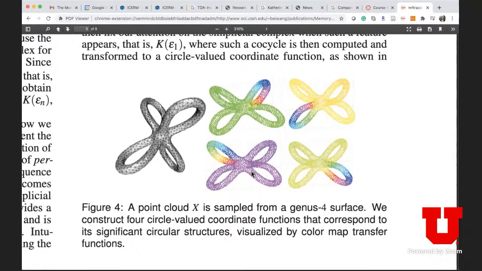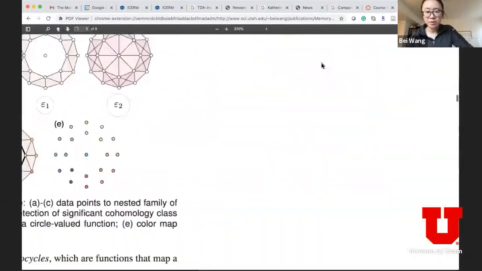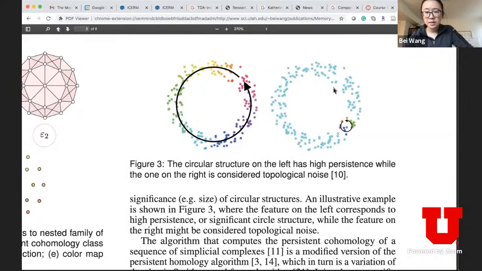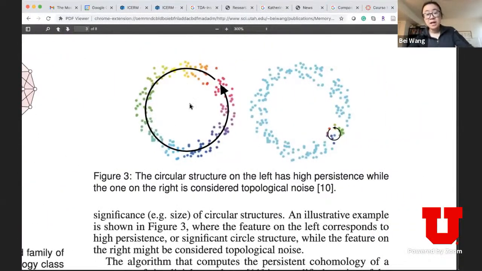Okay, this makes a lot more sense now. So now there's another picture, and this is where persistent homology comes in. Again, this is an example I was showing you before. Imagine this is a point cloud sampled with quite a bit of noise.